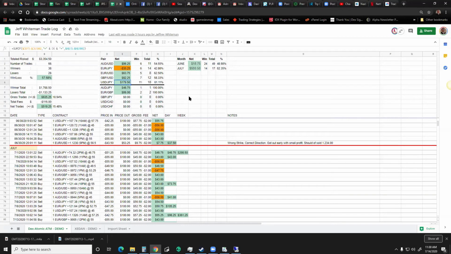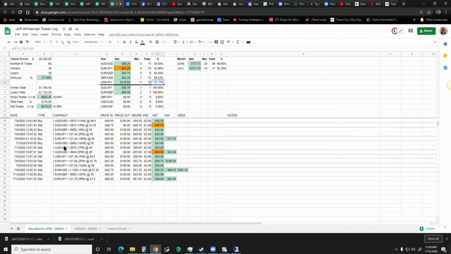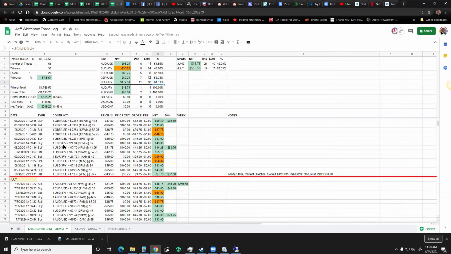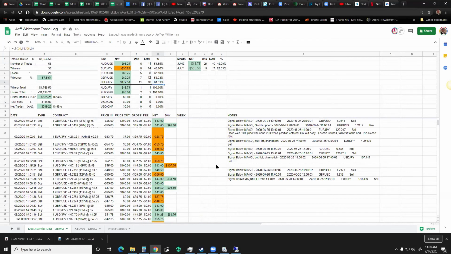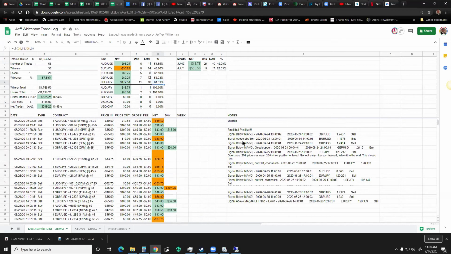You see? He has the best success rate on the Euro USD, but for some reason he's making better money, getting more trades on the USD JPY on the over-under, if that's what he's trading on. Yep, looks like it.